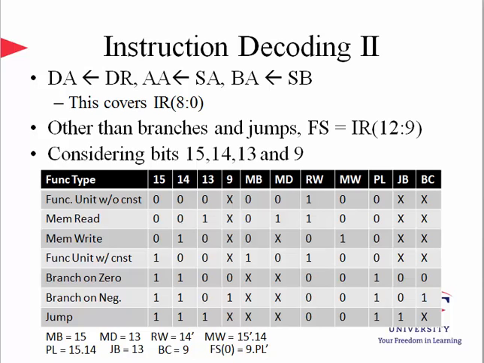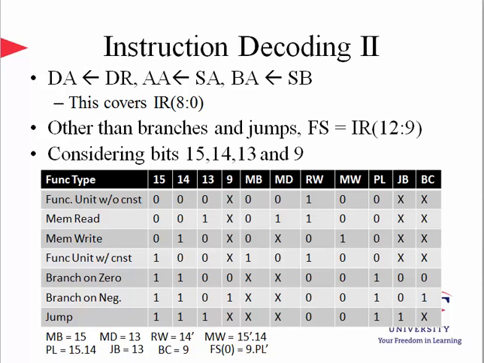The destination register, source register A, and source register B are present in the instruction, so they go directly to DA, AA, and BA. This covers the first 9 bits of the instruction, which is stored in the instruction register. Other than branches and jumps, we also observe that function select equals the 9th, 10th, 11th, and 12th bits of the instruction.